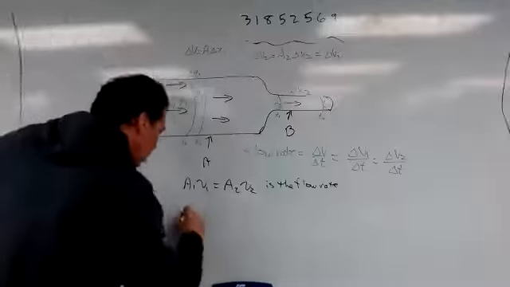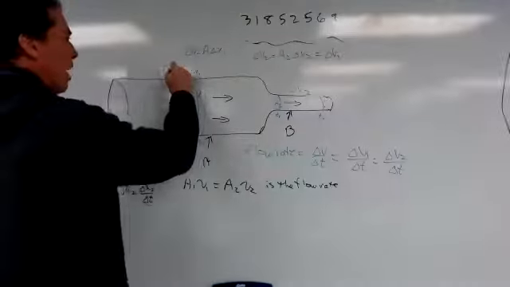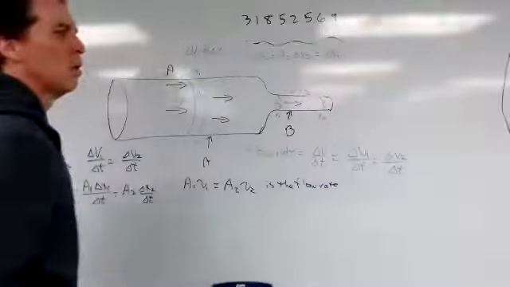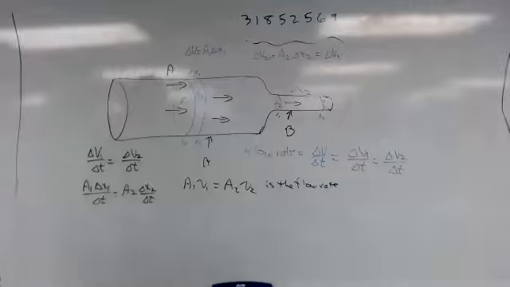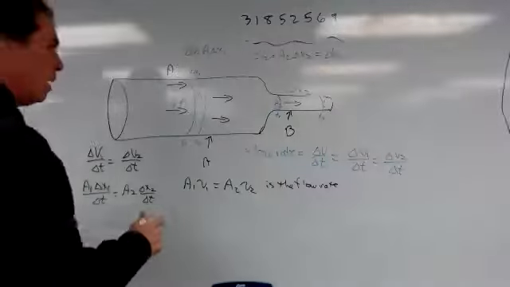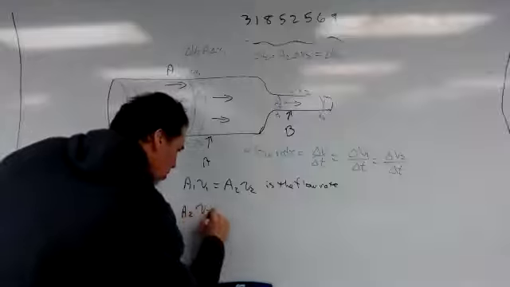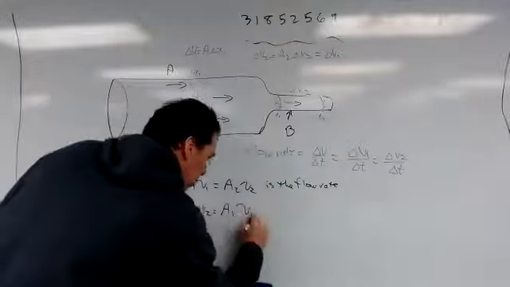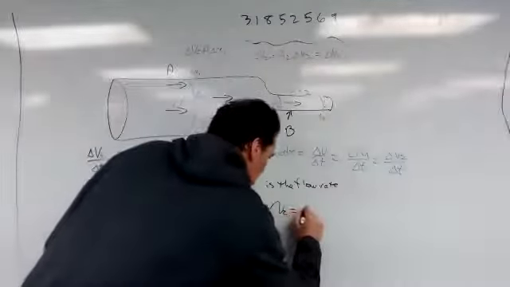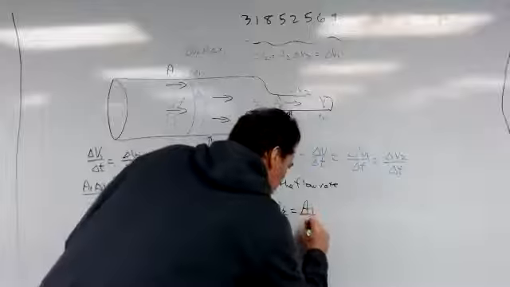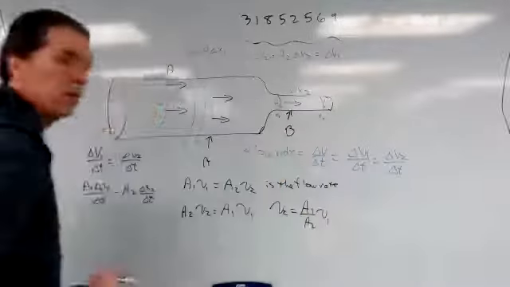So then I can say, well, look, if this is area A and this is area B, I want to know the speed at B relative to A. And so I can say area 2 times velocity 2 is equal to area 1 times velocity 1, or velocity 2 is equal to area 1 over area 2 times velocity 1.